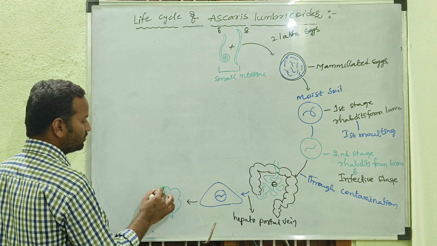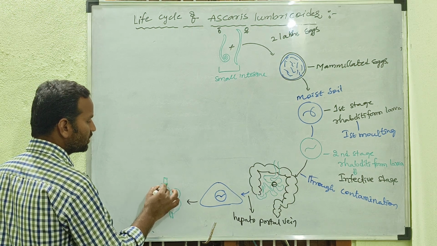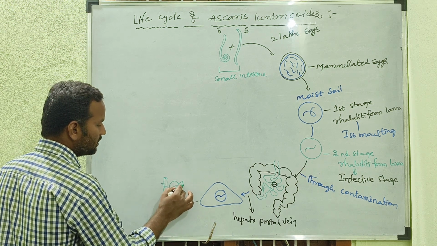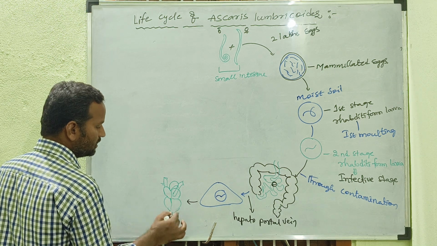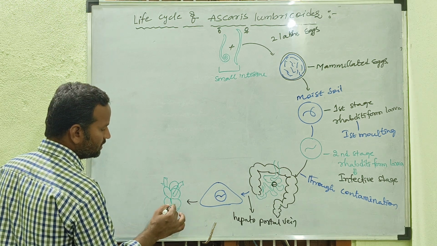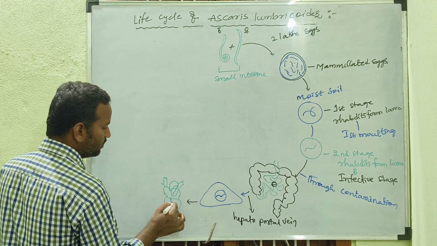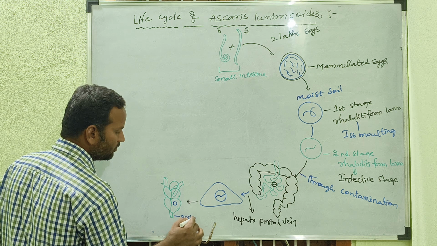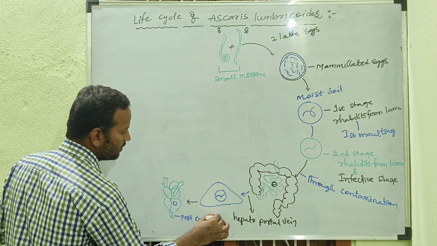This is the pre-caval vein. The larva reaches the heart through the post caval vein.